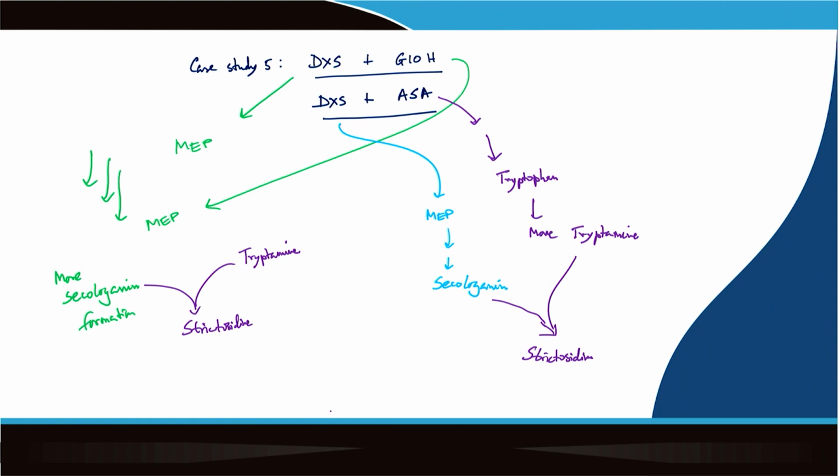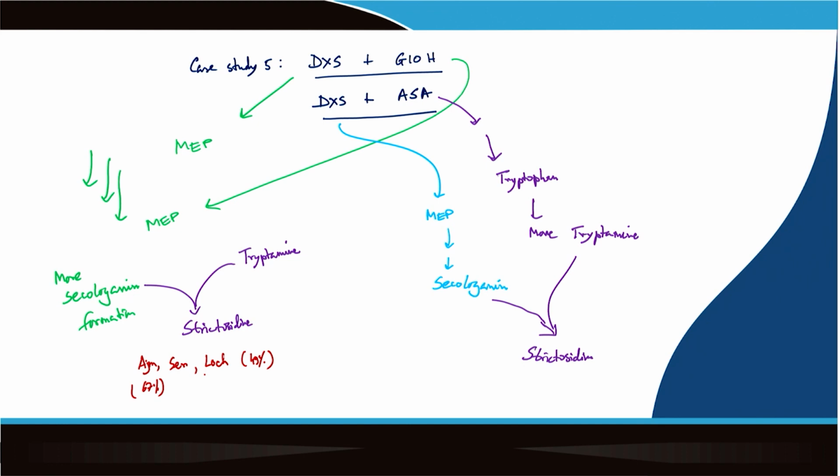DXS overexpression resulted in a significant increase in ajmalicine, serpentine and lochnericine: lochnericine by 49% upliftment, ajmalicine by 67% upliftment, and serpentine by 26% upliftment.